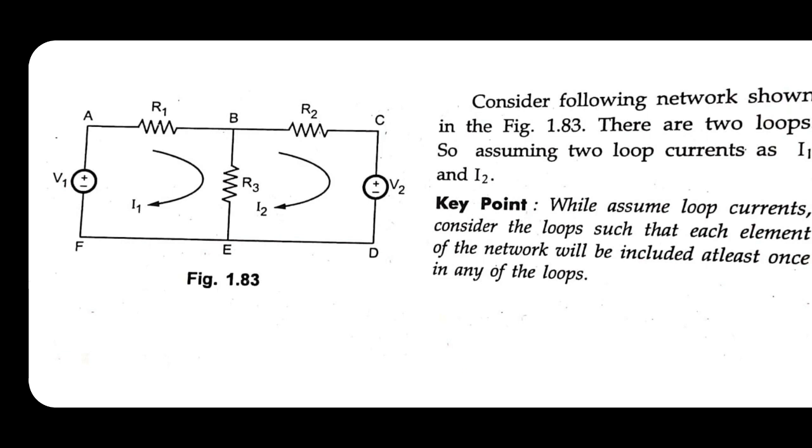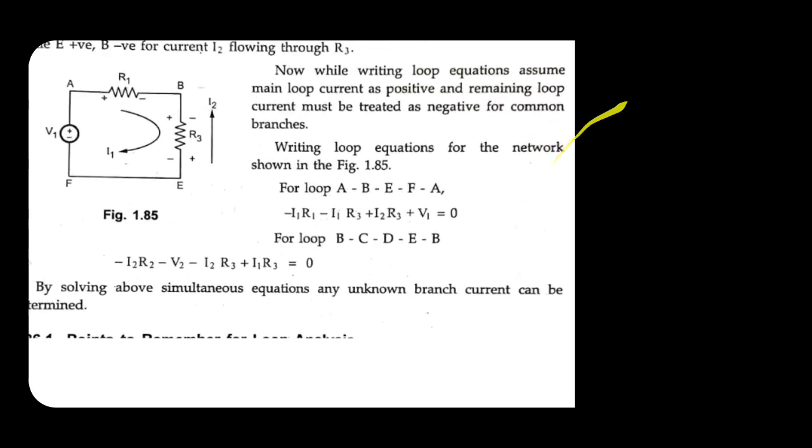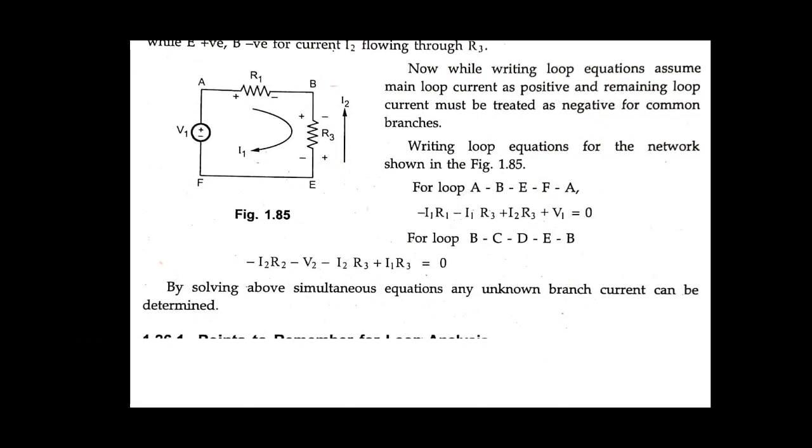Put a minus sign. You always consider that the current I2 is flowing through positive to negative. So minus I2 into R2, minus V2. Why is it minus V2? Because the current is flowing from positive to negative.